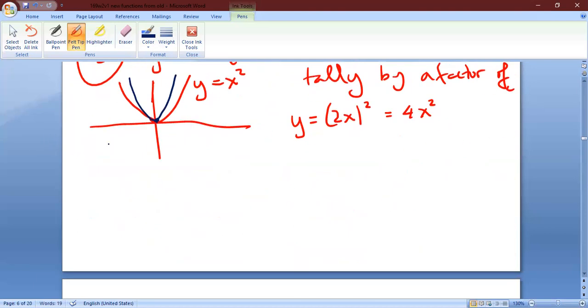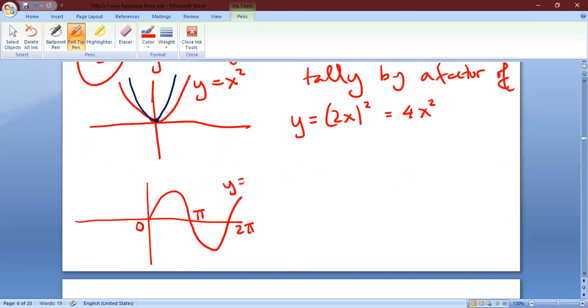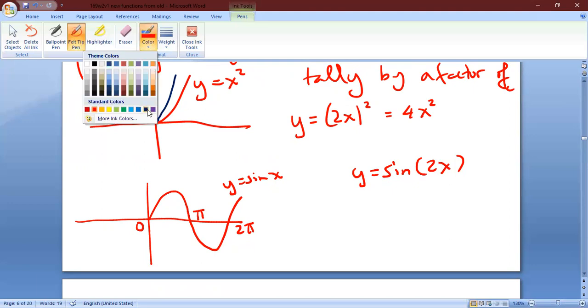Or a better example might be this. Let's say we have the sine function. So this is 0, pi, 2 pi, and the function is sine of x. If we have y equals sine of 2x, then what's going to happen is this.